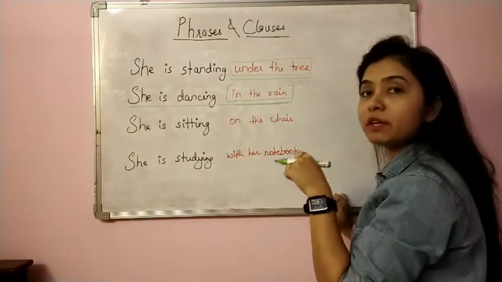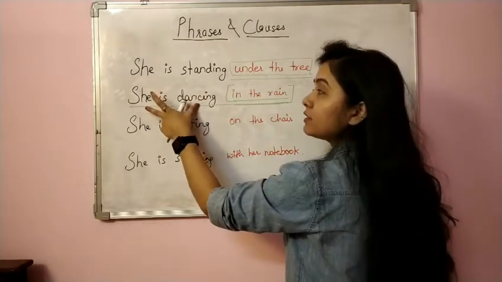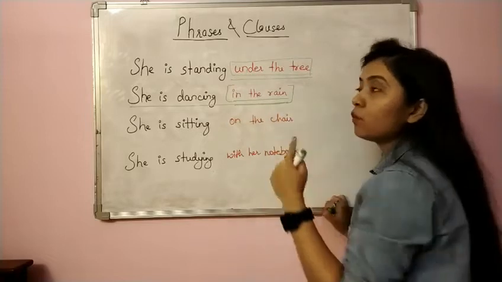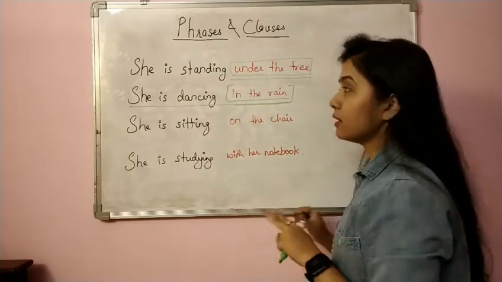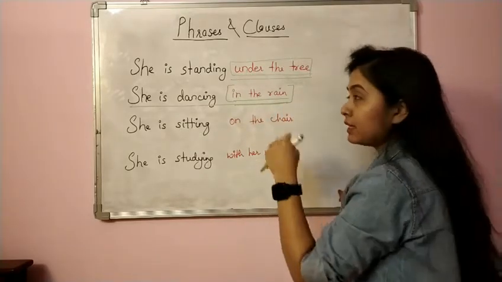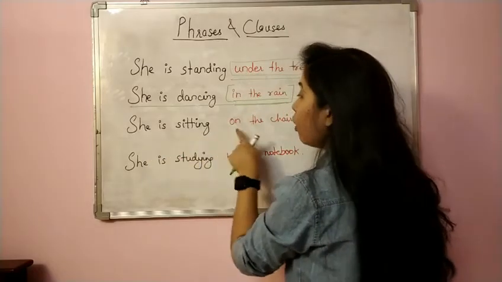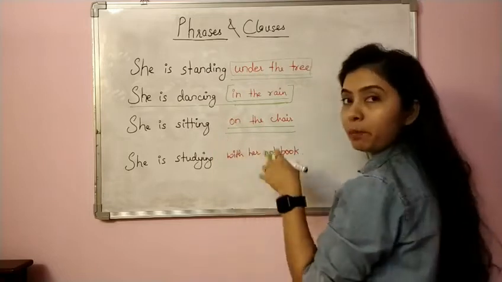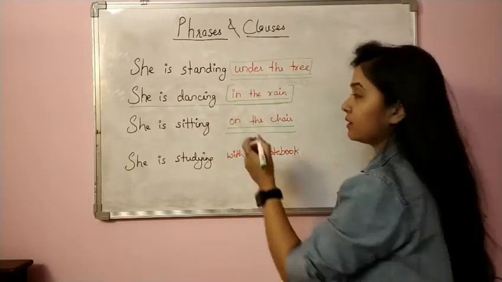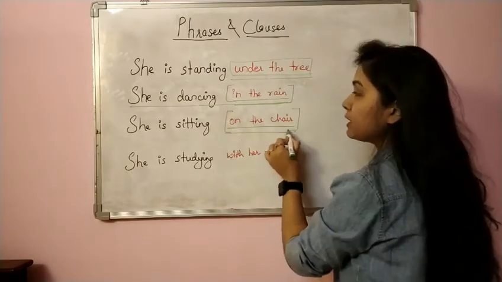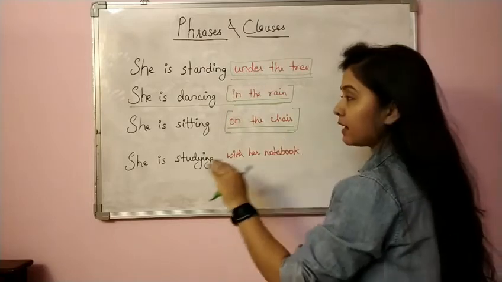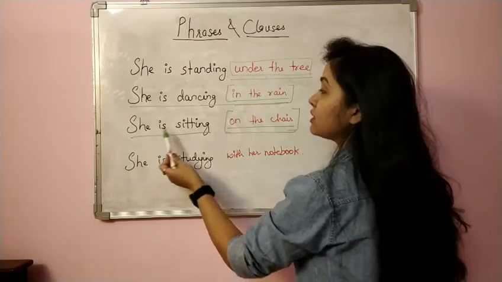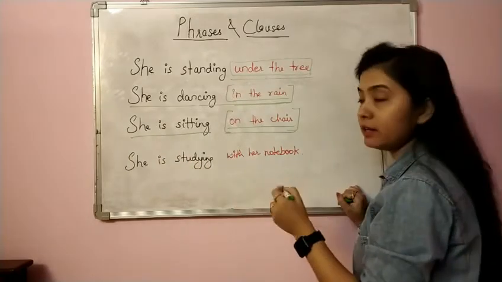The entire sentence meaning will come out only when we add this portion to this, and then it will be like she is dancing in the rain. वो dance कर रही है in the rain. So this is understood. The next sentence is like she is sitting on the chair. Now read this. On the chair. Chair पे. Chair पे क्या? So chair पे has some meaning, but doesn't give the meaning of the entire sentence unless this portion is also added. So it's like she is sitting on the chair. वो chair पे बैठी है.